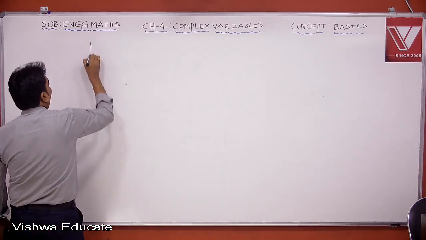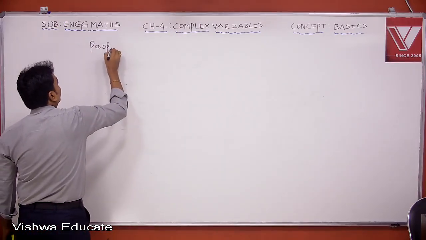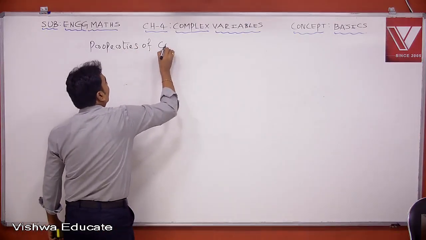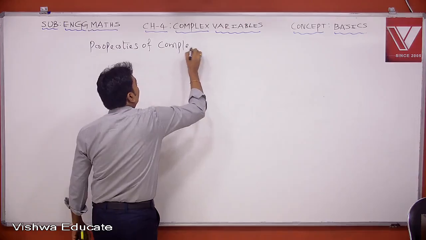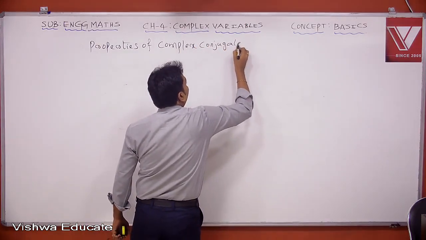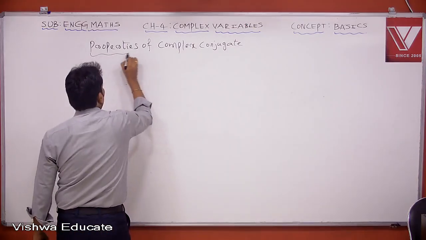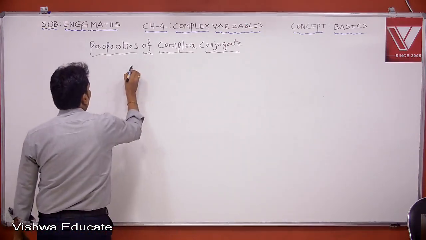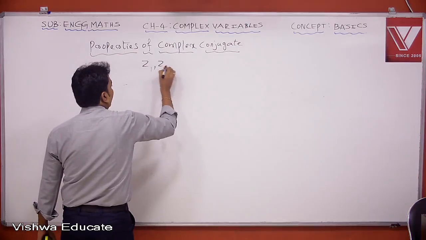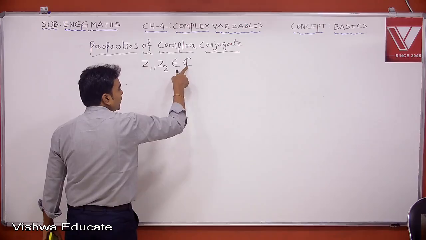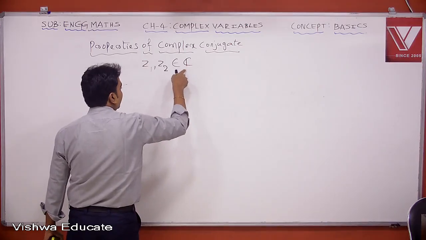Let's consider properties of complex conjugate. Now I have two complex numbers z1 comma z2, so z1 comma z2 belong to C. This is the complex plane, the set of complex numbers.